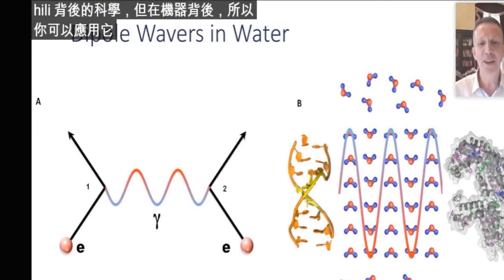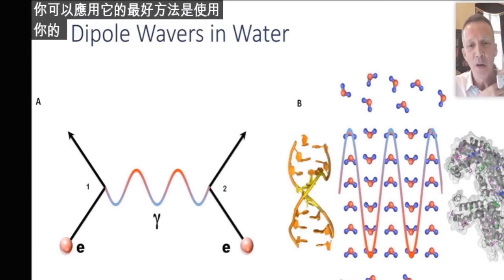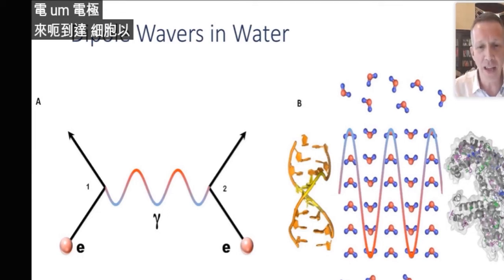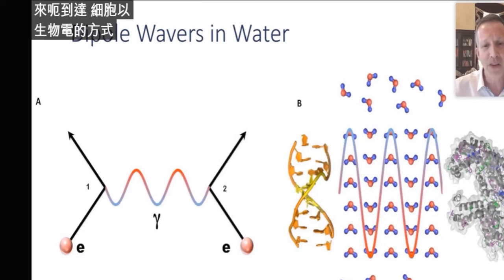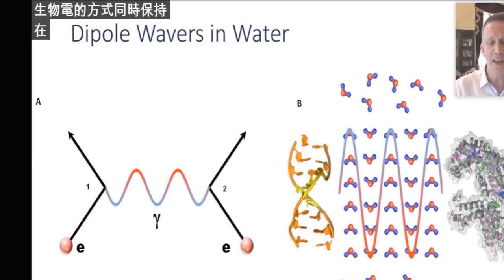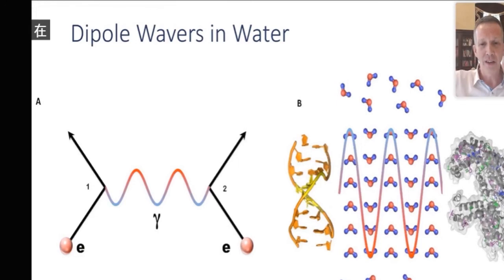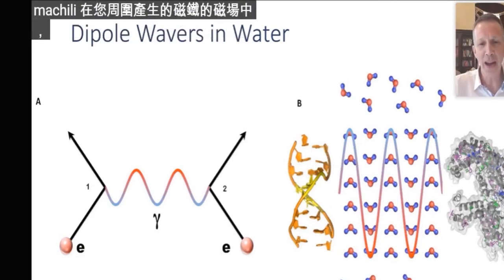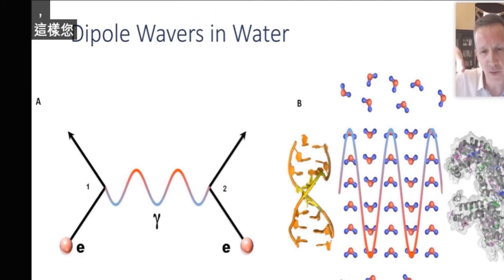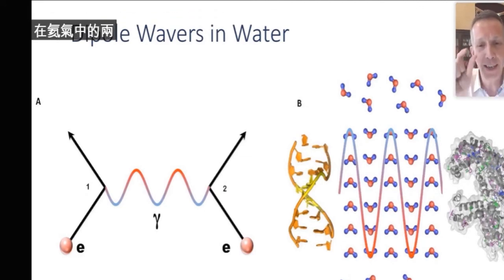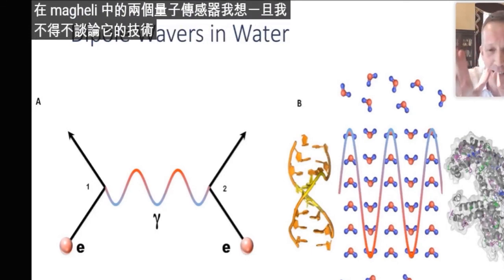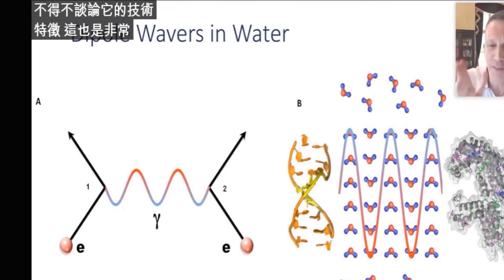So the best way you can apply it is to use your Healy with the frequencies and the electrodes to reach the cell bioelectrically and simultaneously stay within the magnetic field which the MEG Healy creates around you. In this way, the 2 quantum sensors, which you have, 1 in the Healy and actually 2 within the MEG Healy. I think once I have to speak also about the technical features of it, which are also very, very special.